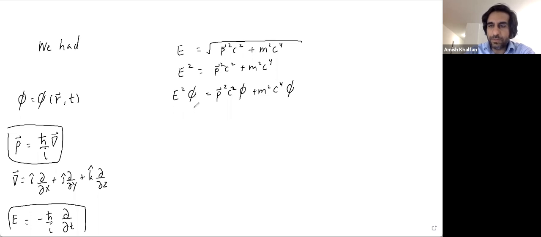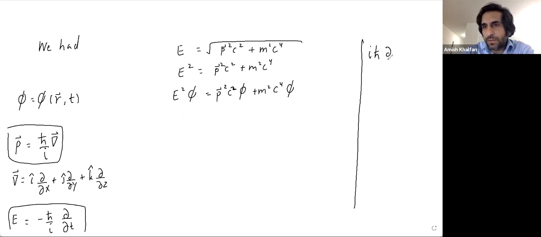So space and time will appear on equal footing in terms of the order of the derivatives they take on, second order. In the non-relativistic setting, if you look at the time-dependent Schrodinger equation, you have i h bar d psi dt, or let me write d phi dt, equals H phi.